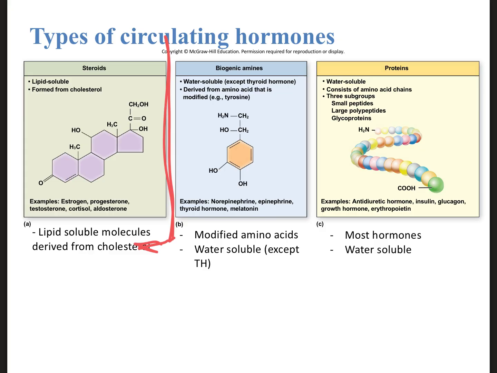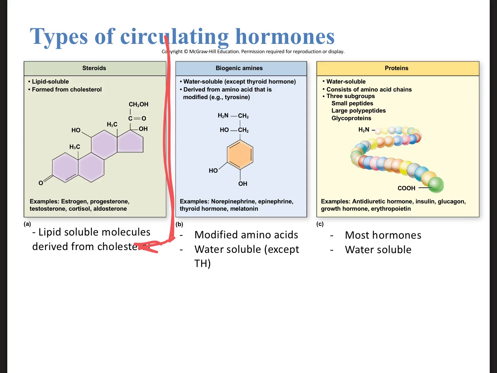Change a couple of the side chains and you can convert testosterone to estrogen, and progesterone's a little bit funkier. Cortisol is part of that as well, and aldosterone. Those are from the adrenal gland, and they are lipid soluble hormones.